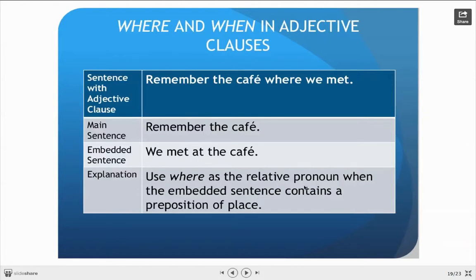Use where as the relative pronoun when the embedded sentence contains a preposition of place, like at, in, on, under. I use where when the embedded sentence has a preposition of place.